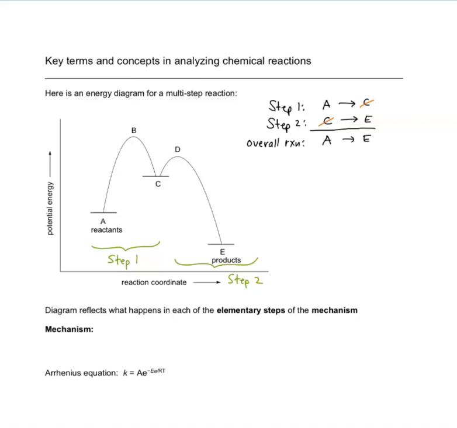So for starters, what that tells us is that C is an intermediate. It's an intermediate because it's created in one elementary step of a reaction and consumed in another.